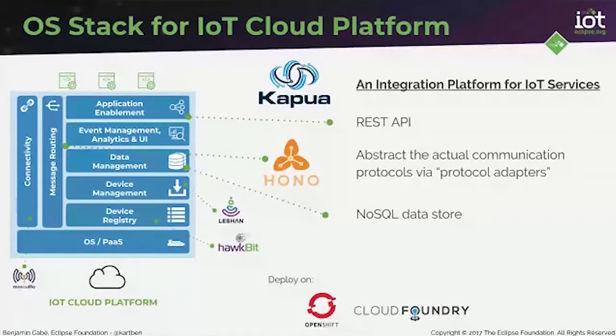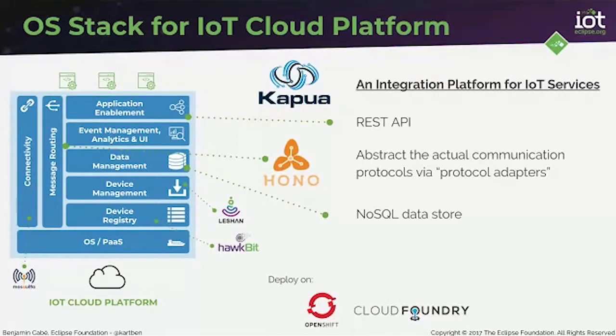Kapua is a container for all the microservices that might be needed in an IoT solution. You run Kapua on top of Kubernetes, on top of OpenShift, on top of Cloud Foundry, and you have an integration platform for all your microservices.